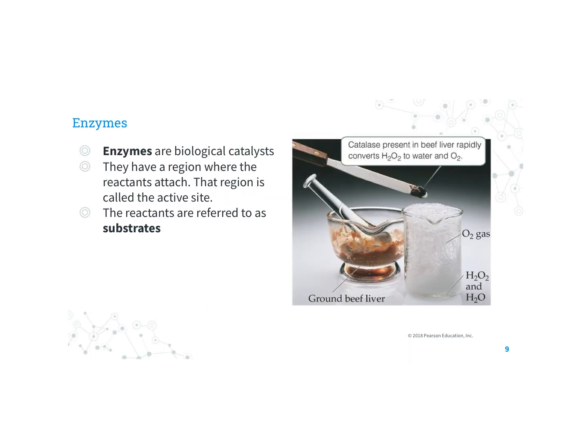Now, the last kind of catalyst that we'll learn about, and this goes more to biology, but biology and chemistry often overlap, are enzymes. These are biological catalysts, and so these are what we typically find in living organisms. They have a region where your reactants will attach, and so you might imagine, and we'll see this on the next slide, but let's say we have this little groove right here for your enzyme.